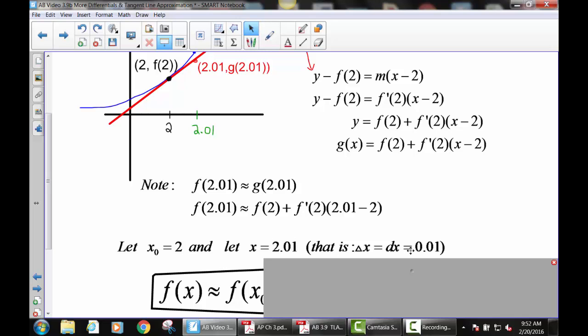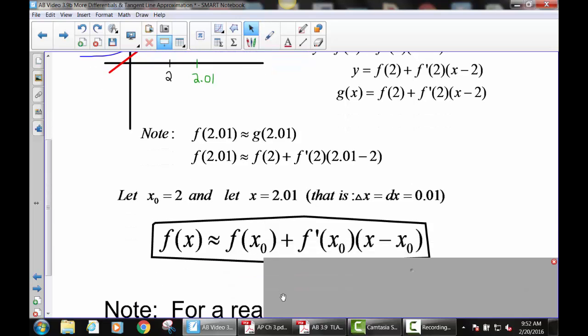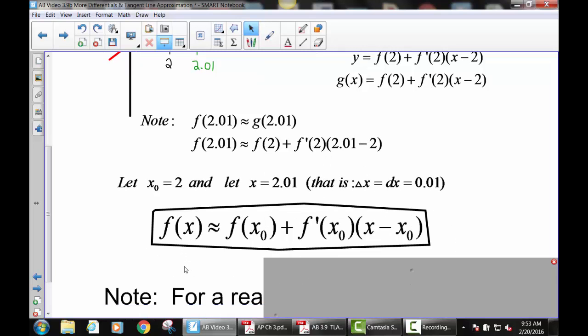In other words, my delta x here, or my dx, which are the same, is the difference between these, and I am moving to the right, so it makes sense that it's positive. So if I take this formula up here and I replace the 2.01s by x, and I replace all the 2's by x0, this is the tangent line approximation formula.